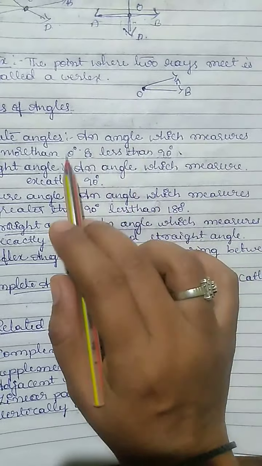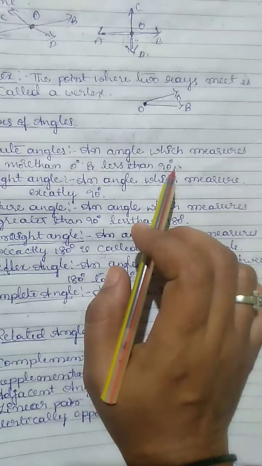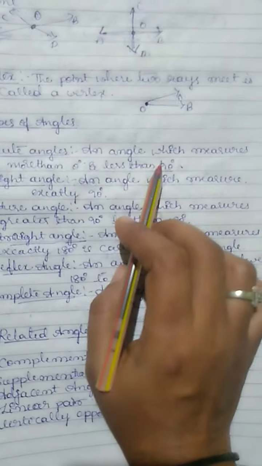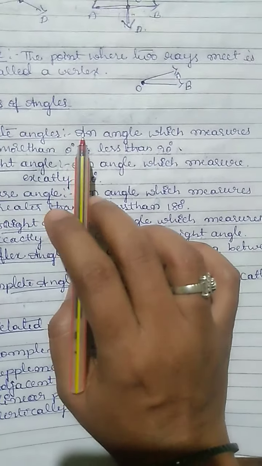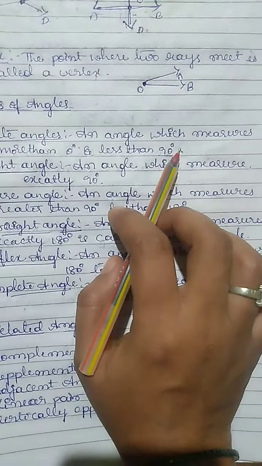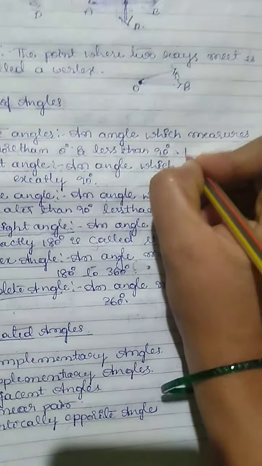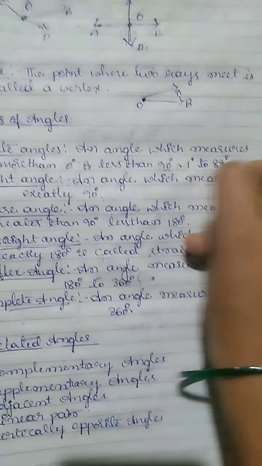An angle which measures more than 0 degrees and less than 90 degrees is called an acute angle. That means 1 degree to 89 degrees.